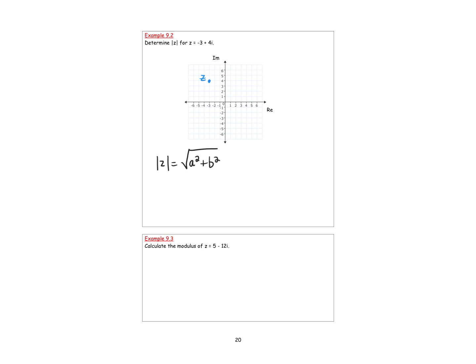Remember, the modulus is the distance from the point to the origin on the complex or the Argand diagram. Here we have the complex number z equal to minus 3 plus 4i. Therefore, a is equal to minus 3 and b is equal to 4.